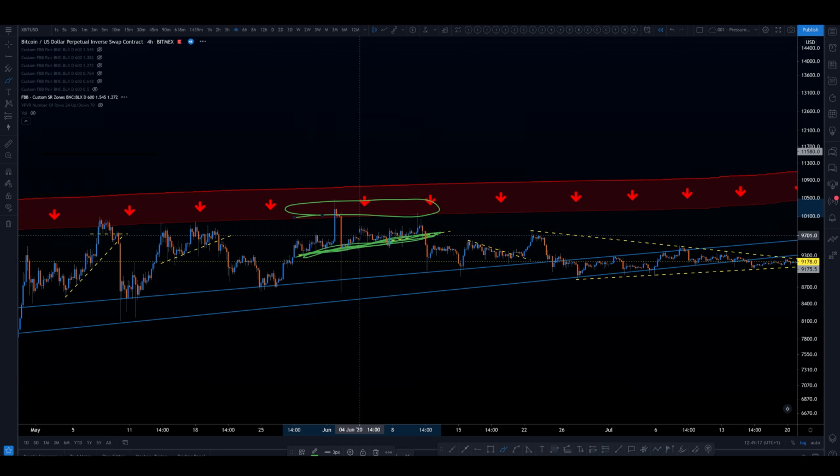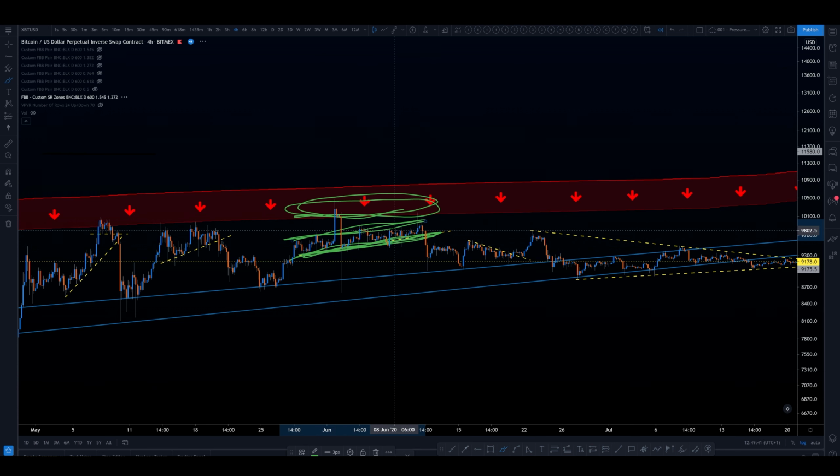So you could say, hey, it's similar to an ascending triangle, but it is not, because the actual price action looks a bit different, but we have support pushing price up.